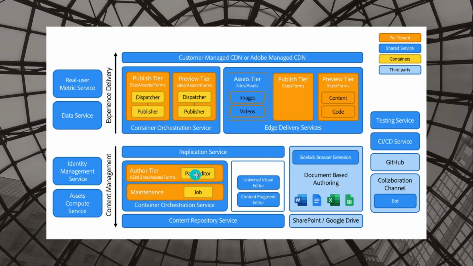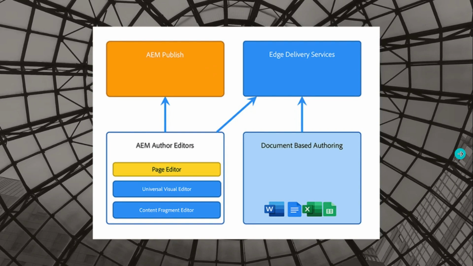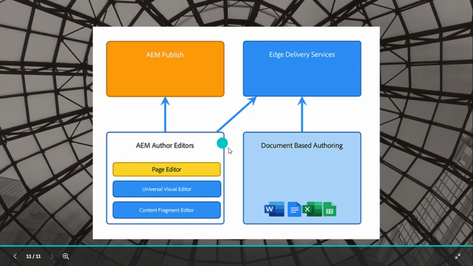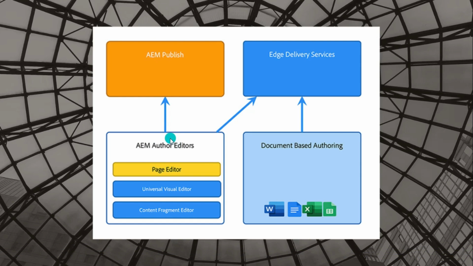So this is basically a microservice which is running all by itself. Then how does this publishing happen? This is how the publishing from AEM author happens. It happens to the AEM publish and edge delivery. When it publishes to edge delivery, that content will be replicated all over the world.